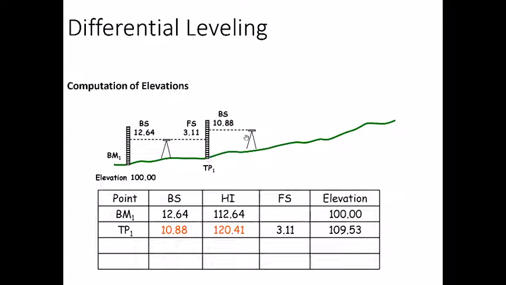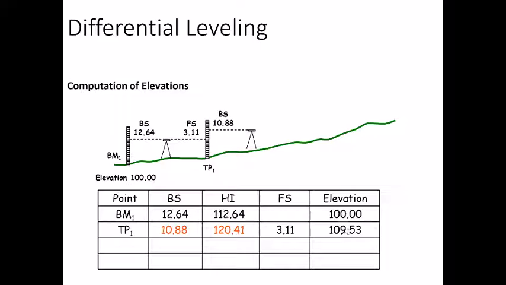Taking our instrument further, the next reading after setting up the instrument at a new position is taken at TP1, which was our new benchmark, with a reduced level of 109.53. To find the new height of the instrument in the new location, you add the backsight reading on the same point to the reduced level of the benchmark TP1.